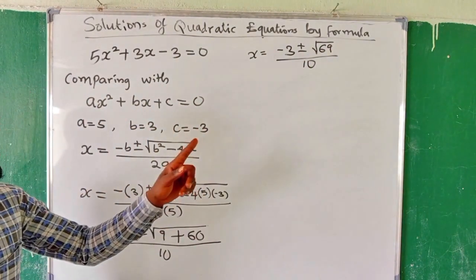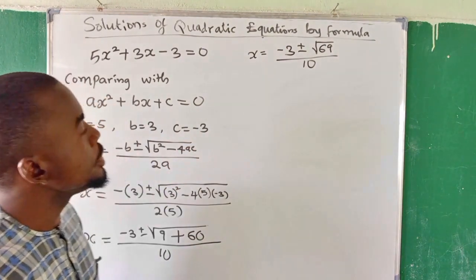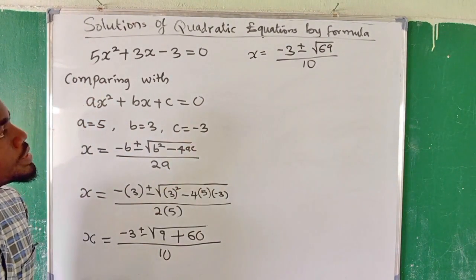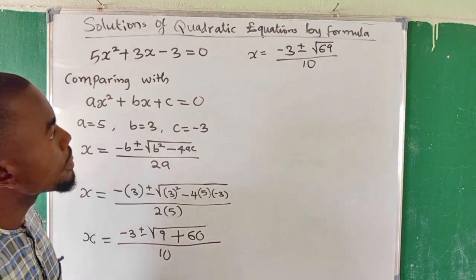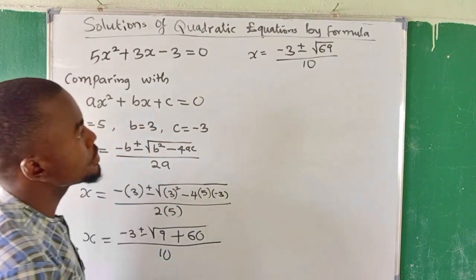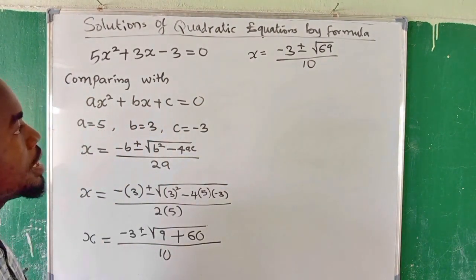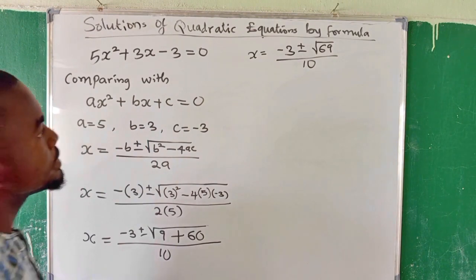Now 69 is not a perfect square, so we have to resolve it into decimal points. When you use your calculator to find the square root of 69, that should give you 8.31 to two decimal places.